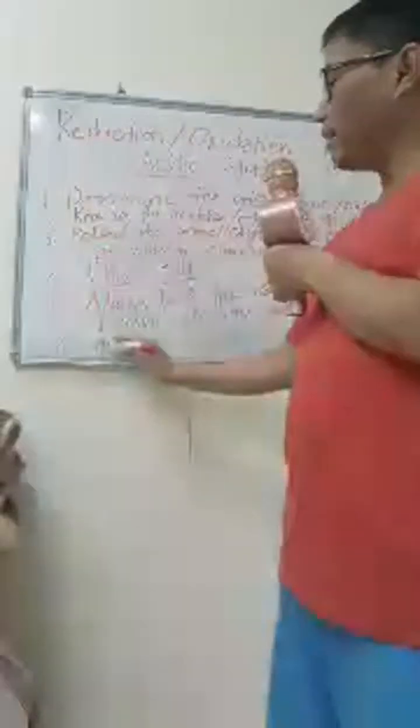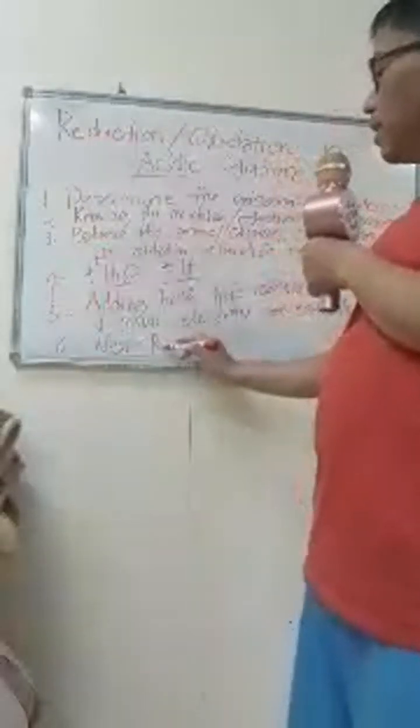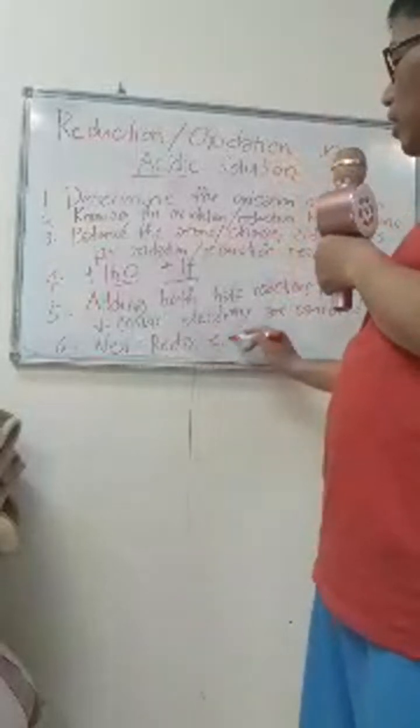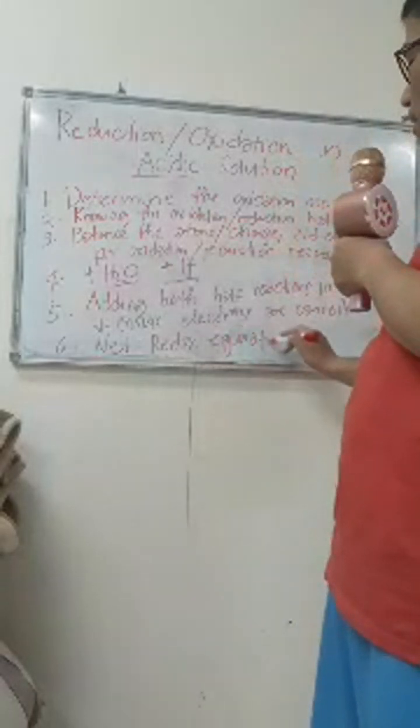Then the net redox equation is step number 6.